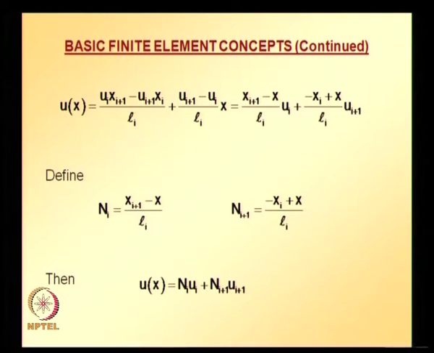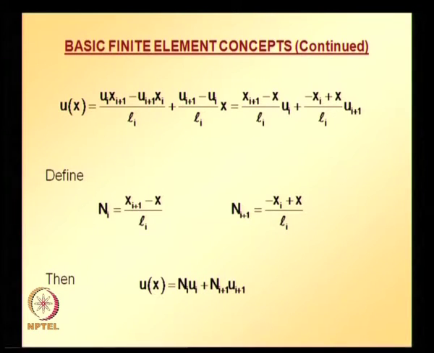Okay. And if you recall, the linear trial solution is u is equal to a naught plus a1 x, and a naught plus a1 x can be put in a vector form, like the vector 1, x times another vector a naught, a1.